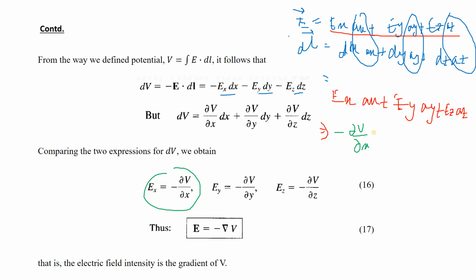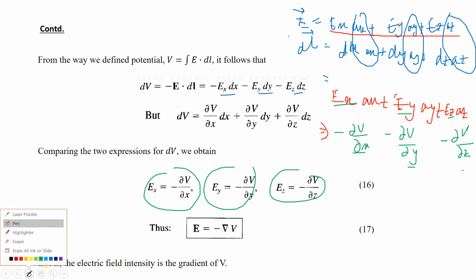You write minus del V del x, minus del V del y, minus del V del z. That means in place of Ex you are writing this, in place of Ey you are writing this, in place of Ez you are writing this.